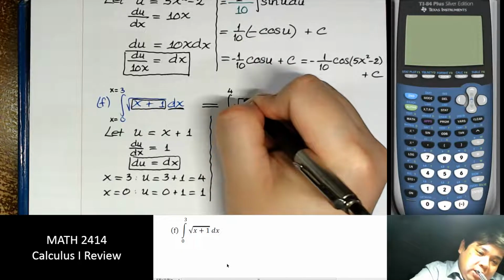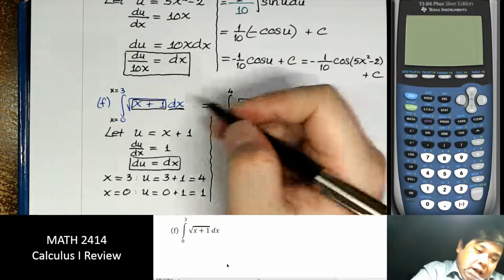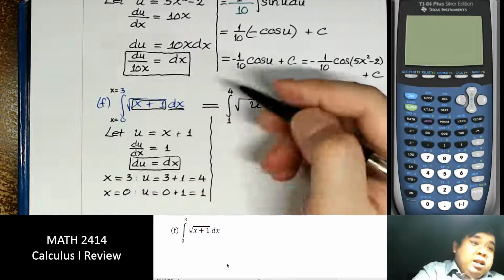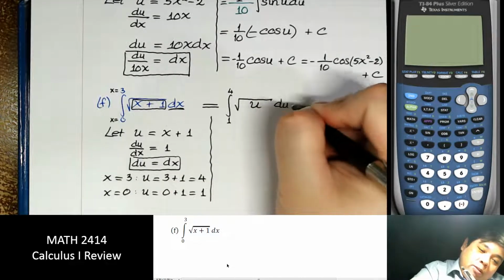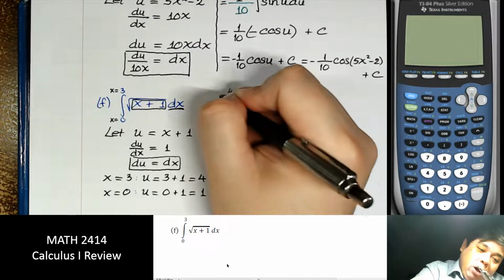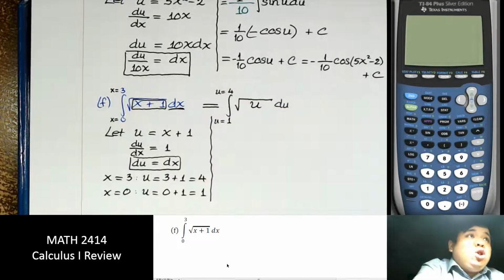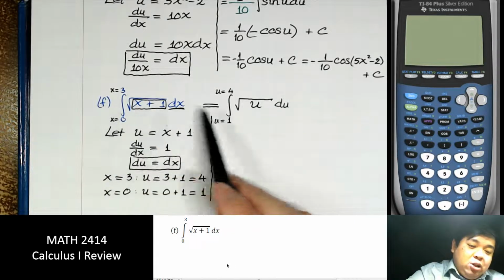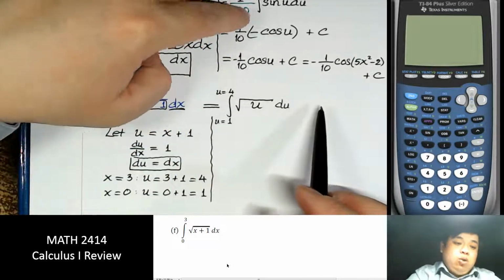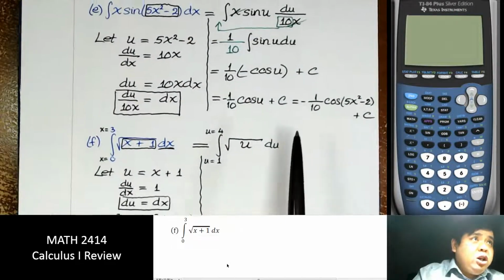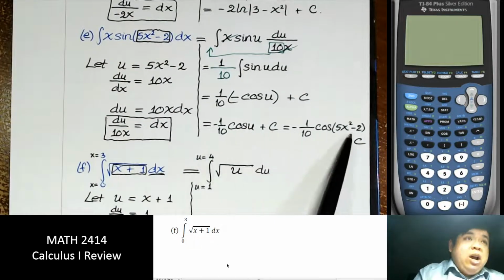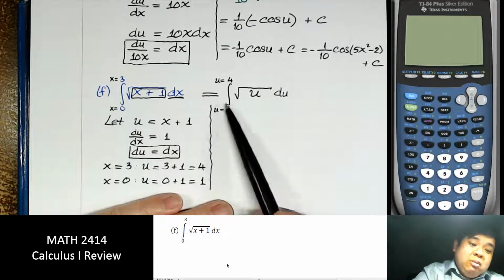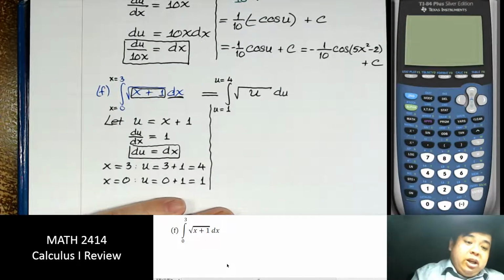Still the square root. X plus 1 actually is just u. And dx, this one easy, equal to du. And in particular, u equal to 1 to u equal to 4. So since we already changed from x to u, at the end we do not need to go back into x. On the previous problem, we have u, but we have to write in terms of x. We don't need to do that here, because the limits here are for u already.